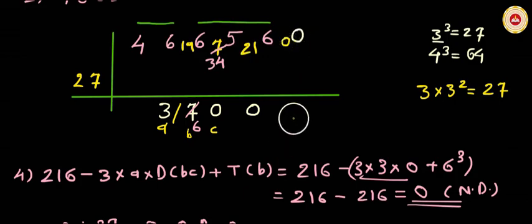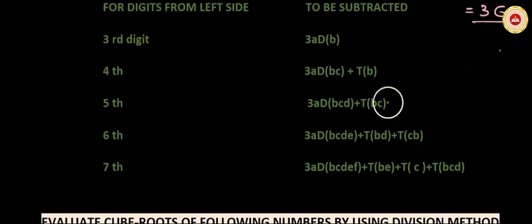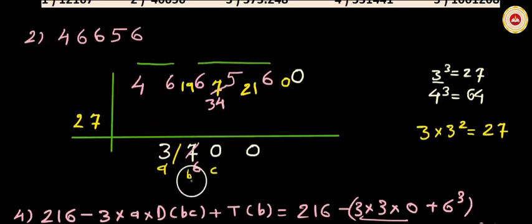Now we were to find the fifth digit. So to find fifth digit while calculating net dividend, what do we subtract from this 0? See, for fifth digit, 3a duplex of BCD. Duplex of BCD, see, this is D here.